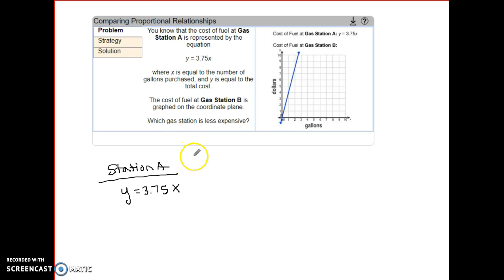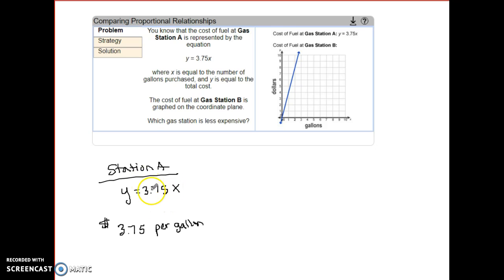So this means that the price of gas, here is our rate. The price of gas is $3.75 per gallon. So the rate here, $3.75 per gallon.